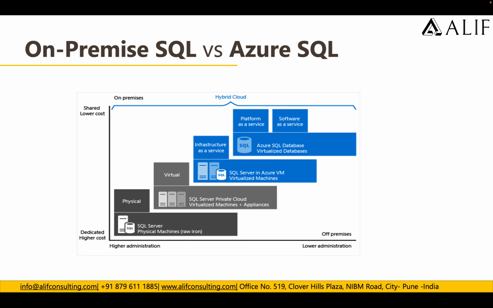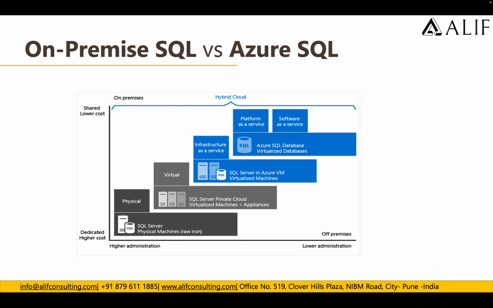If you see in this diagram, if you are running SQL Server on a physical machine or on a virtual machine, you need to do a lot of administrative tasks like upgrading the server, upgrading the operating system, upgrading the SQL database, and then maintaining and upgrading the hardware.